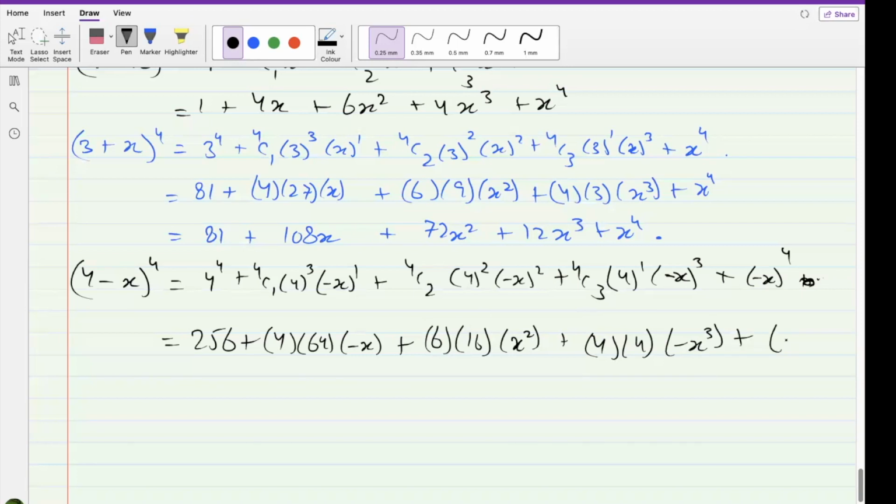Will we ever have to do examples where there's more than 2 terms in the bracket? There will be.